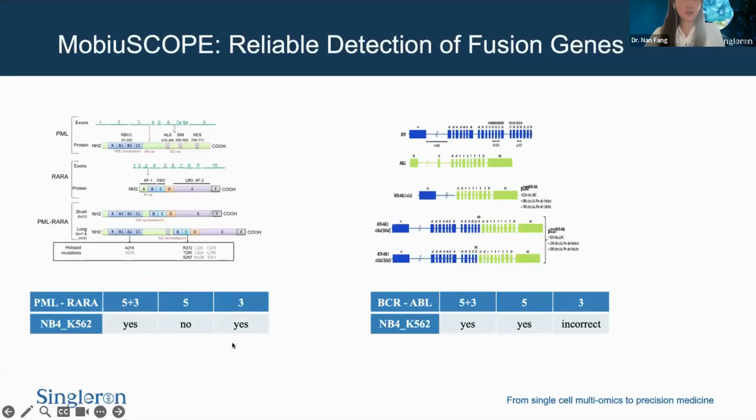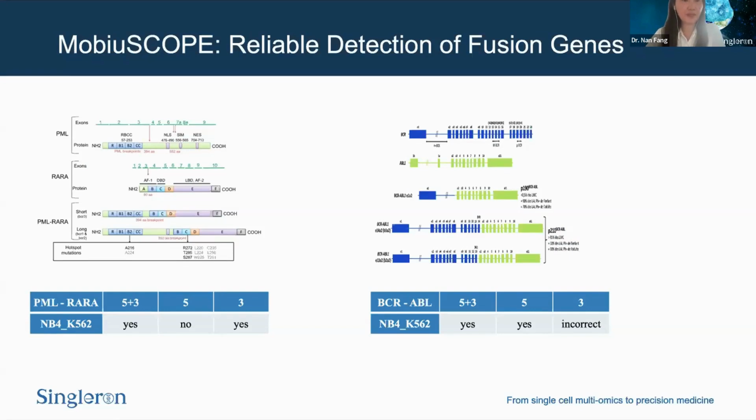And of course, how do we do regarding fusion gene detection? In this example, with those 2 cell lines, we know that they have either the PML-RARA fusion or the classic BCR-ABL fusion.